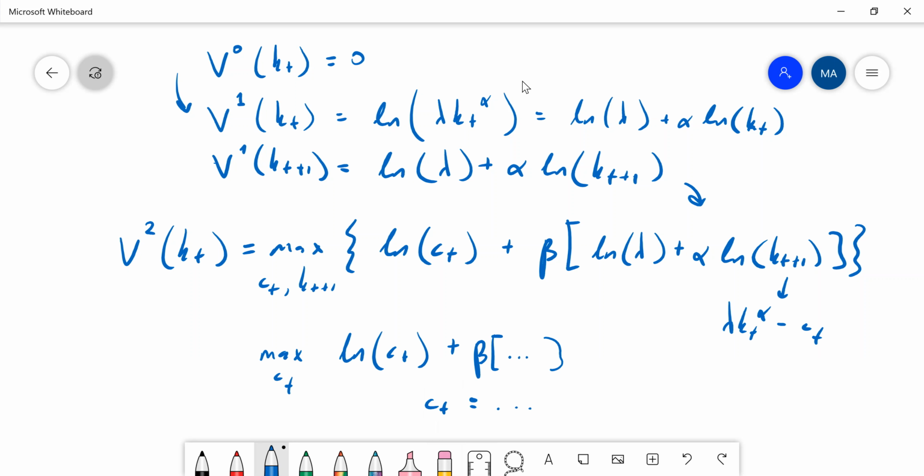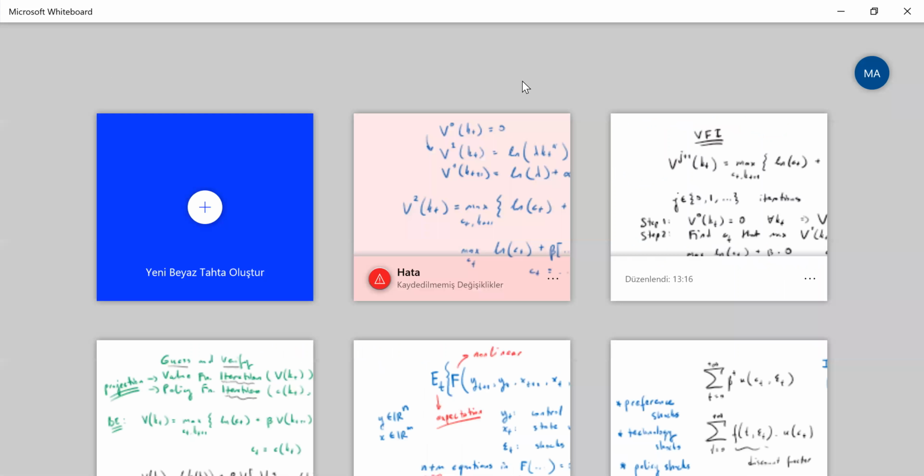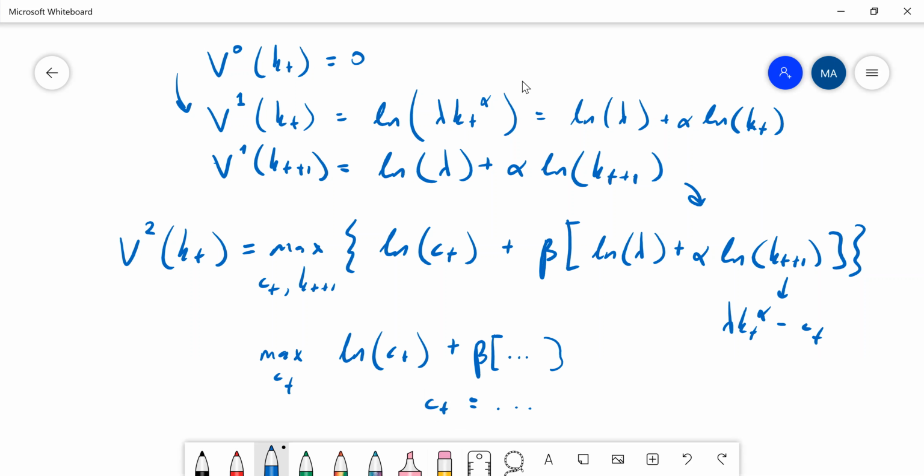Oh, by the way, sorry, I missed step 3, right? So in step 3, let me use this one. Step 3 is here. You check whether Vj kt is approximately equal to Vj plus 1 kt.